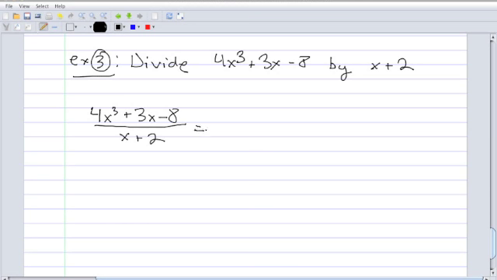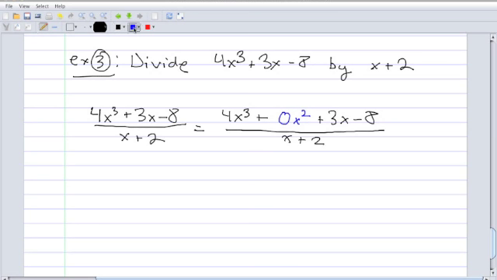So this needs to become 4x cubed plus 0x squared plus 3x minus 8. If you look at the exponents, it goes 3, 2, 1, and then x to the 0 is a 1, so 3, 2, 1, 0. So this is actually the polynomial we're dividing, divided by x plus 2.